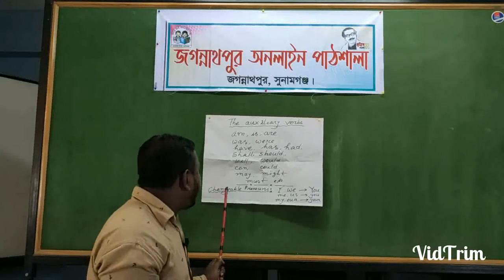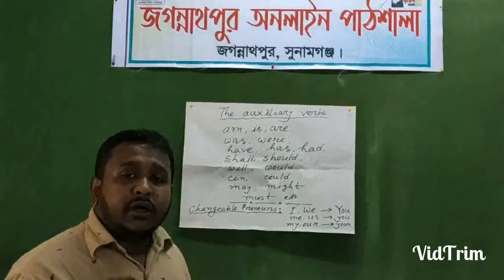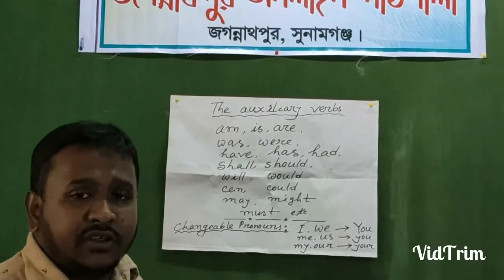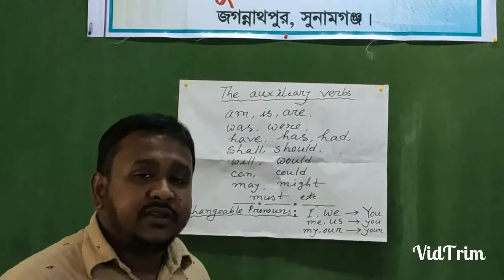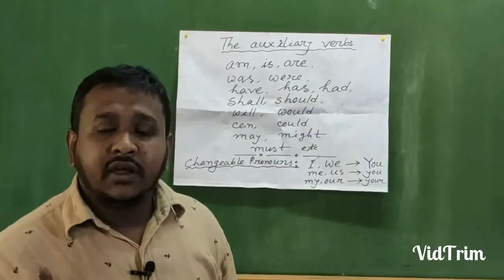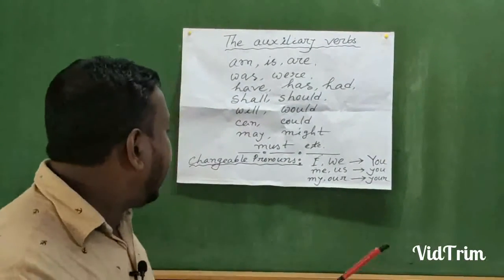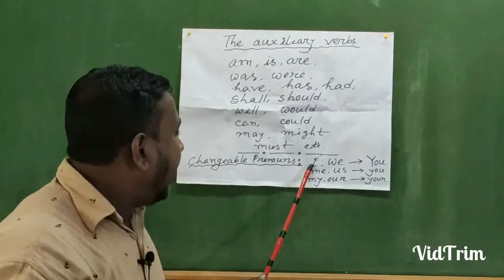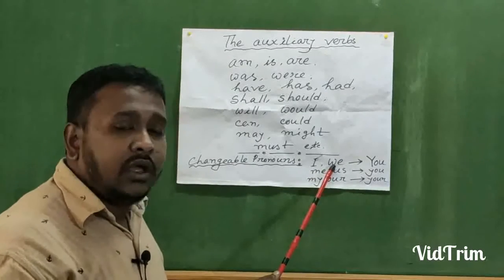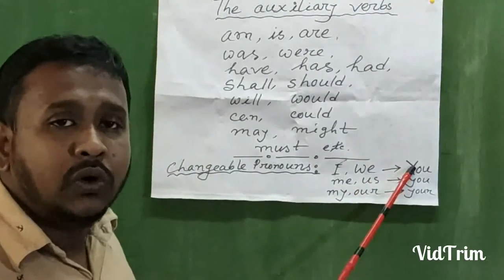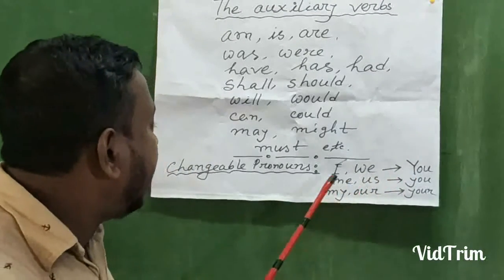Next, we need to know the changeable pronouns. In the given sentence, we sometimes see some pronouns which must be changed while making a WH question. Look at the word. I, we will be changed into you while you make a WH question.